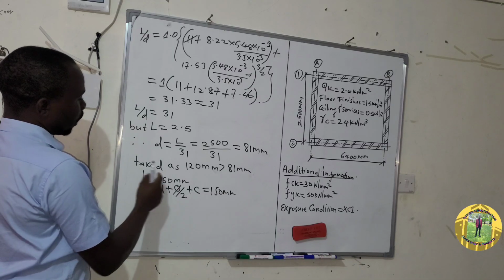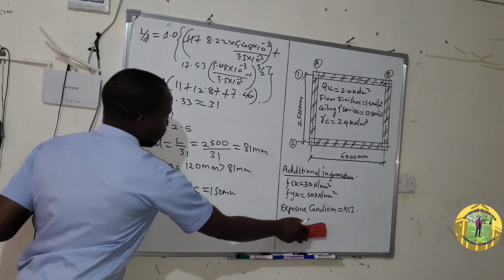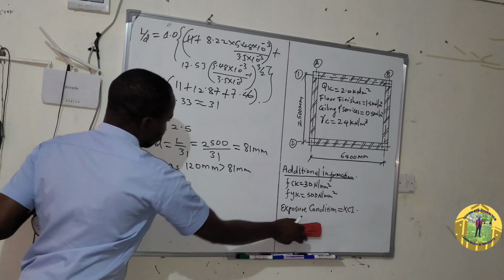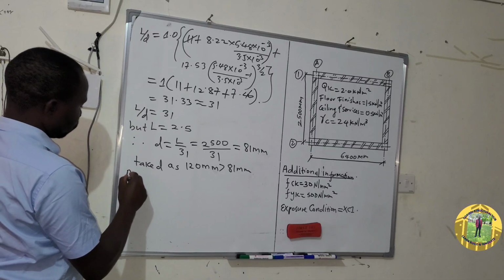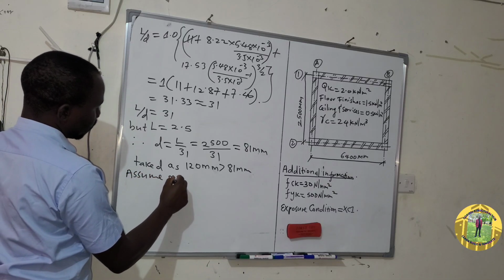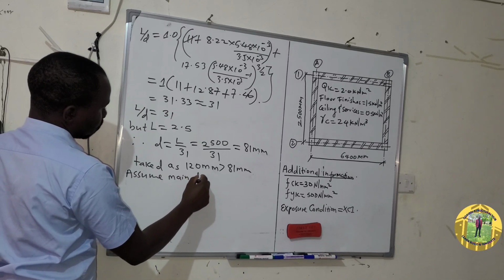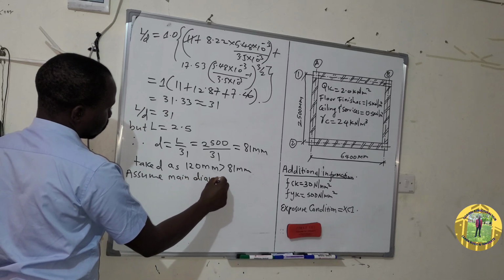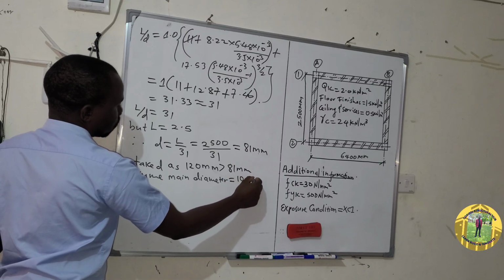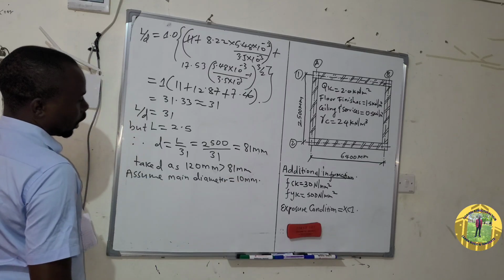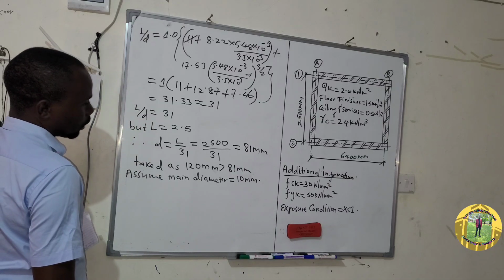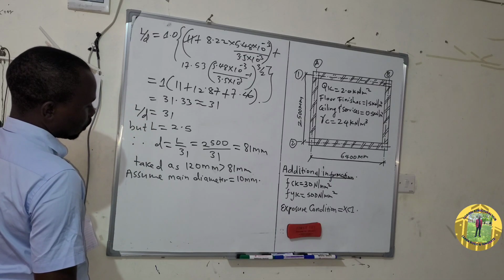So take D as 120 millimeter. Then after doing so, you will say, assume main diameter is equal to 10 millimeter. And we have been given an exposure condition as XC1.